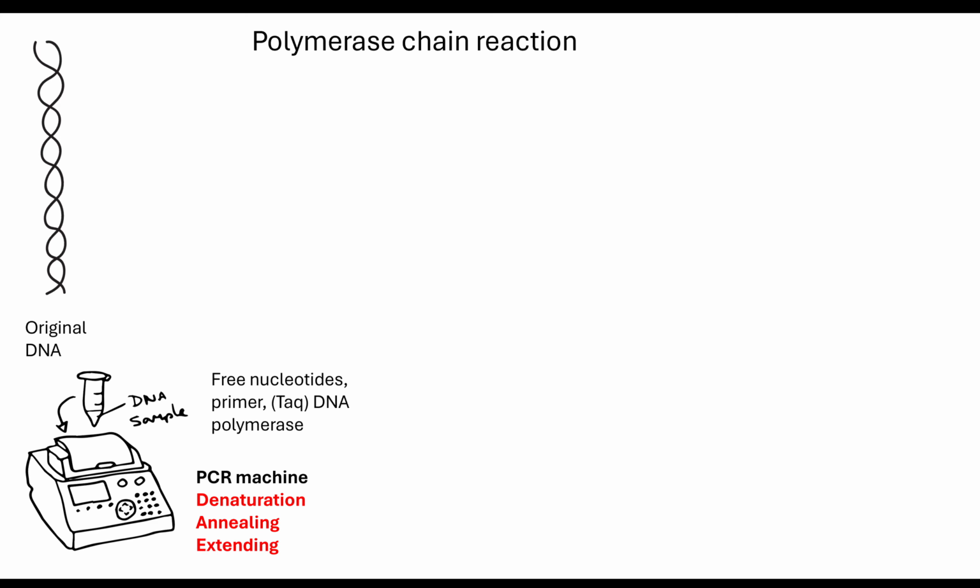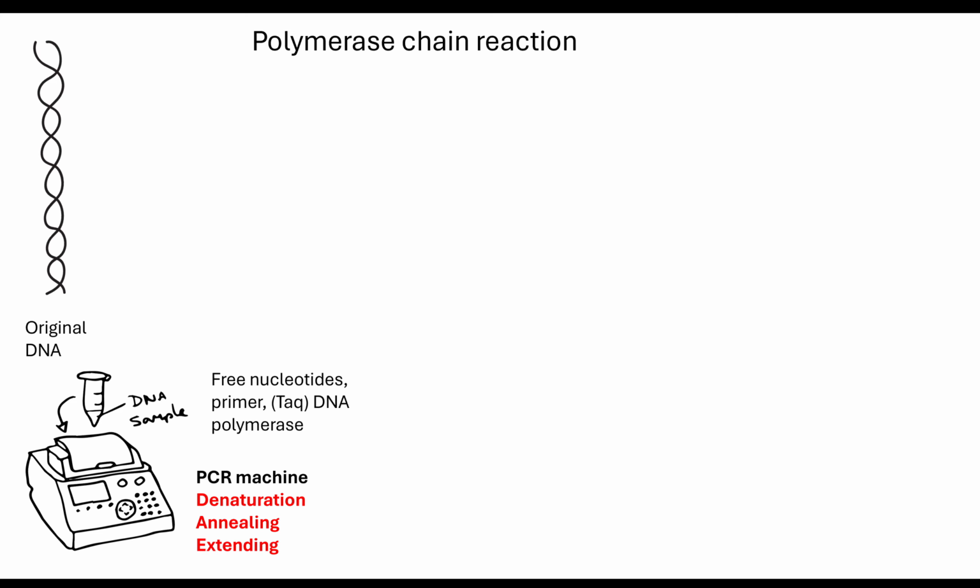So the whole point in the polymerase chain reaction is that we have our original DNA, we have free nucleotides, a primer, and our Taq DNA polymerase in our DNA sample. The PCR machine is then going to go through a cyclic process of denaturation, annealing, extending.